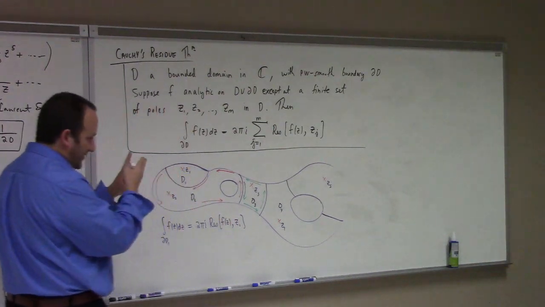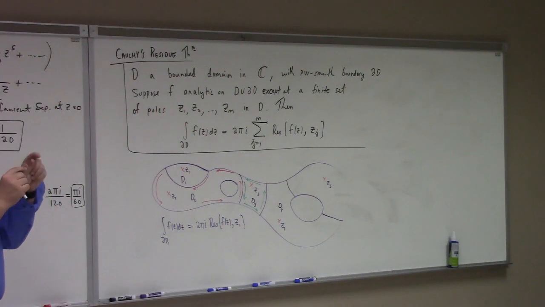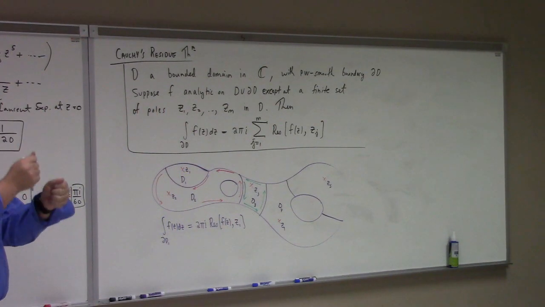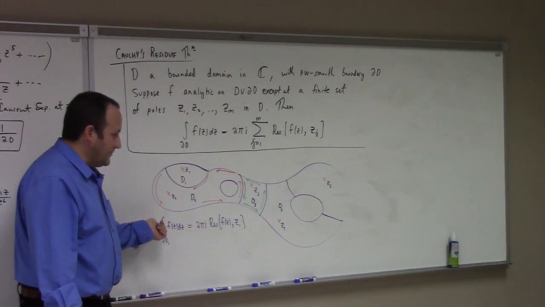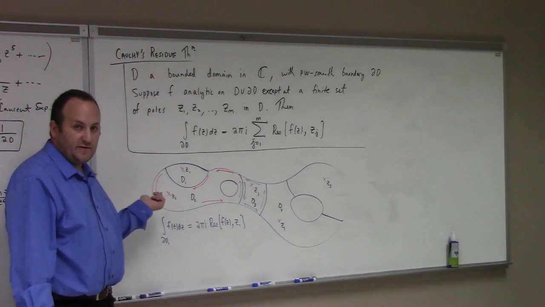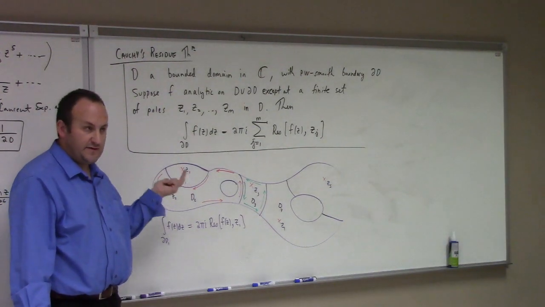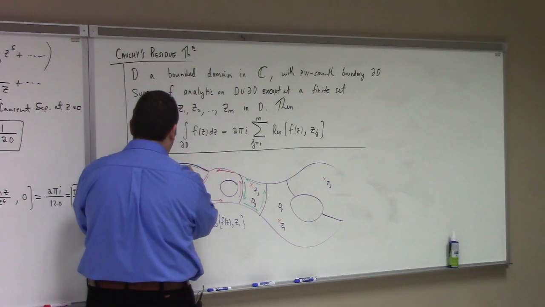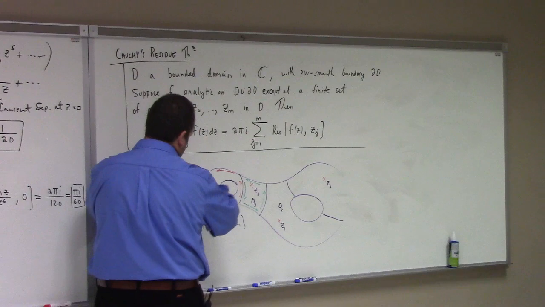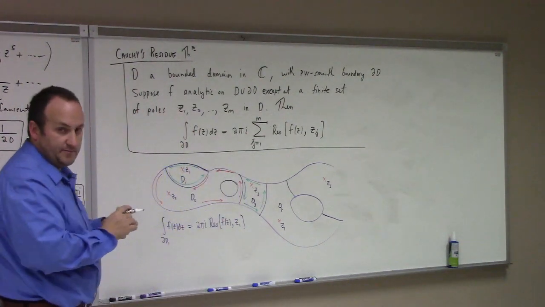So any of the cross cuts inside the region cancel out. When we add together the integral around each boundary, all that we're left with is the outer boundary of the actual D. Like over here, we've got this, but then here, the inner cut is canceling out.